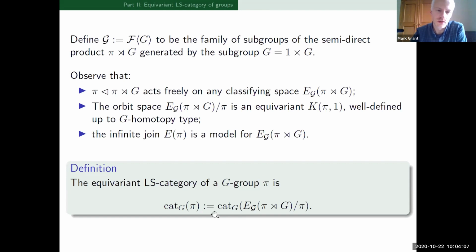Okay, so it turns out that for various reasons, this seems to be the correct definition of the equivariant category of the group. And that's lucky because we know some stuff about these classifying spaces.